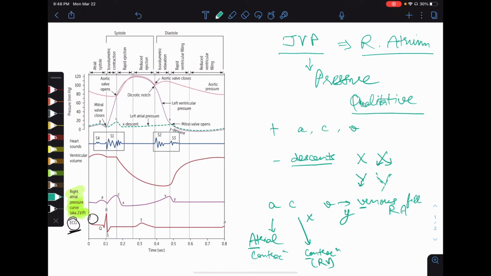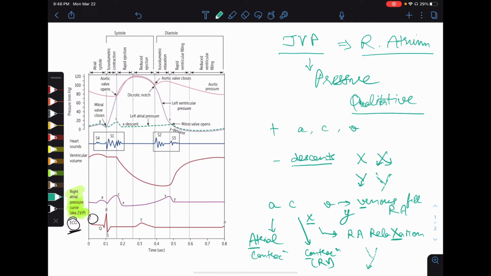A, C, and V. Okay, X descent, you better write it like this: right atrium. When you expand the right atrium, it will be relaxation. And Y is like going down, dropping down.